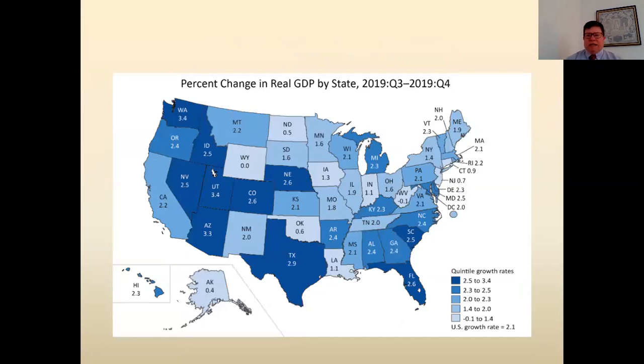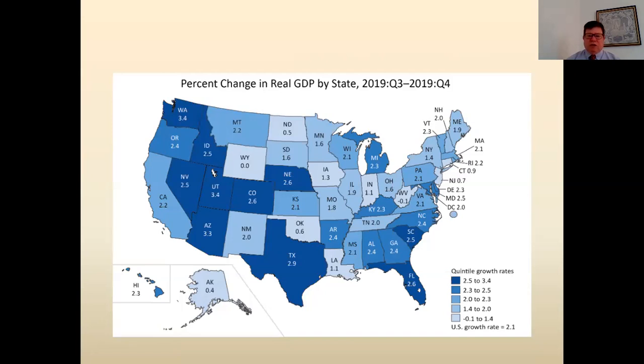But one thing I also wanted to highlight here was that while we talk in the United States about the gross domestic product of the entire country, it's also important to realize that we are made up of a lot of different regions with different sources of economic development and growth, and our economies are driven by different things in different states.